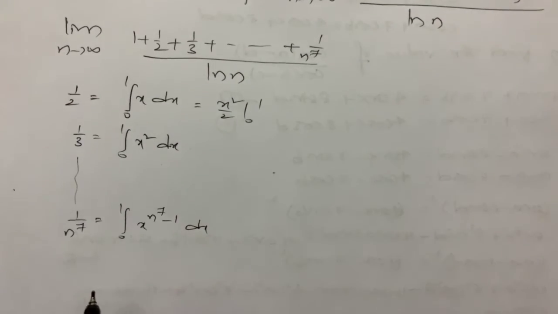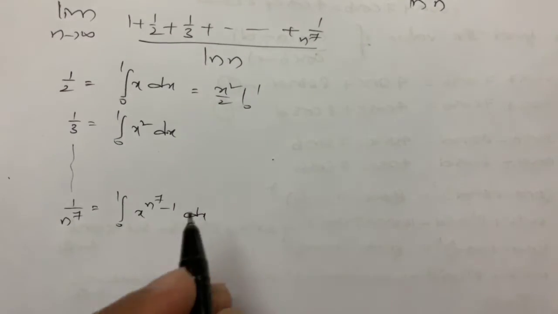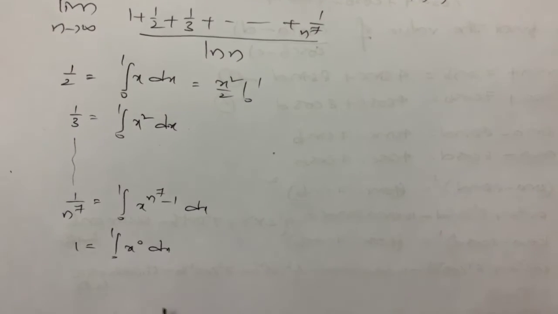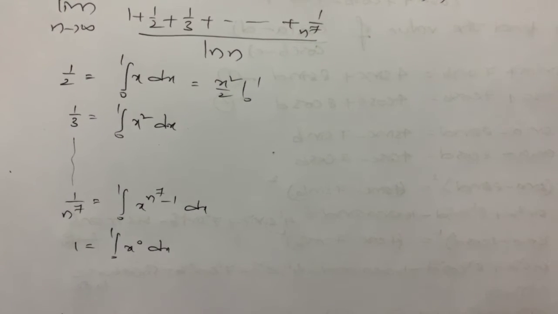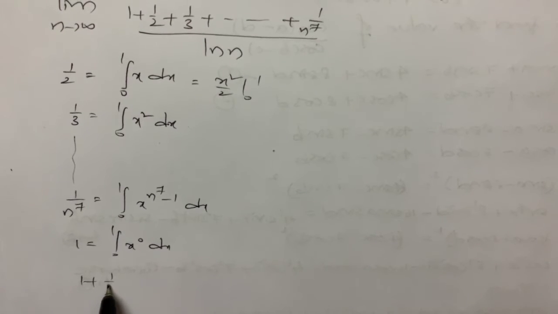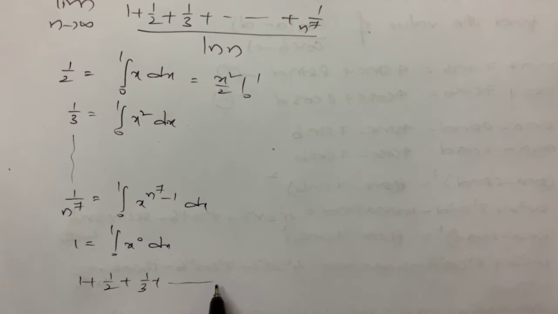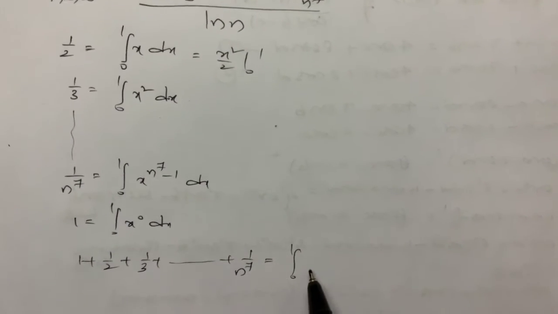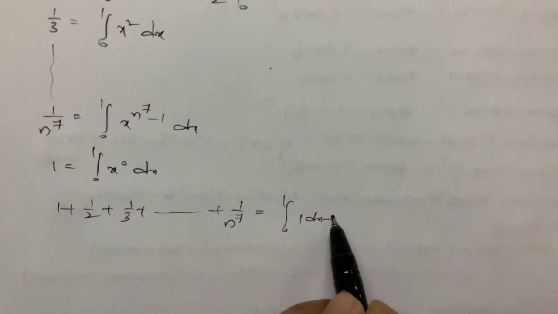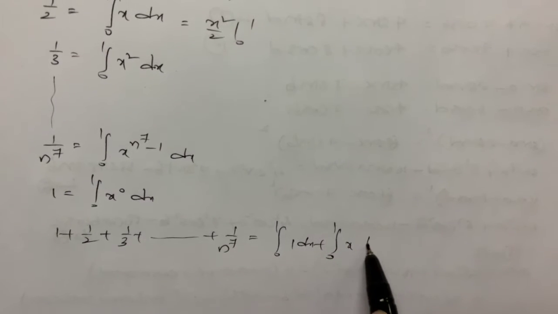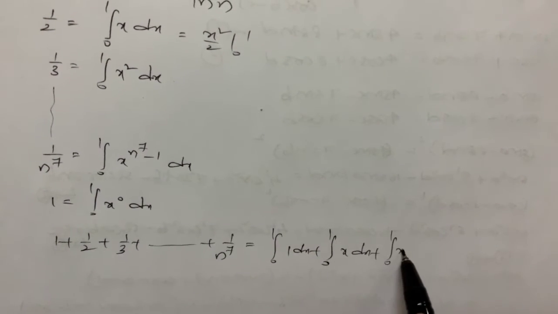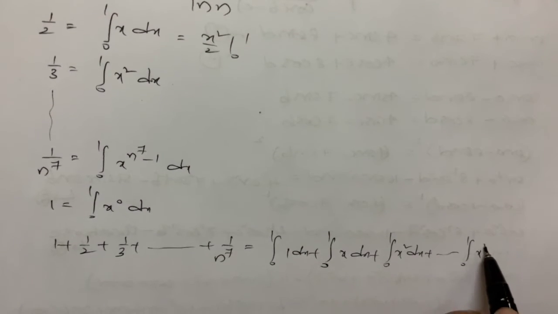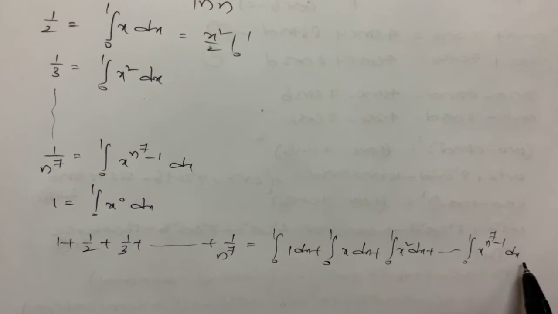And the first one is there, no? For that, 1 is equal to integral 0 to 1 x power 0 dx, or integral 1 dx. So the numerator we can write as 1 plus 1 by 2 plus 1 by 3 and so on to 1 by n^7, which is equal to integral 0 to 1 of 1 plus x plus x square and so on up to x power n^7 minus 1 dx.